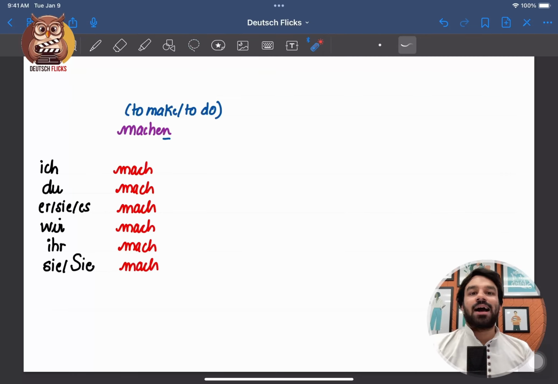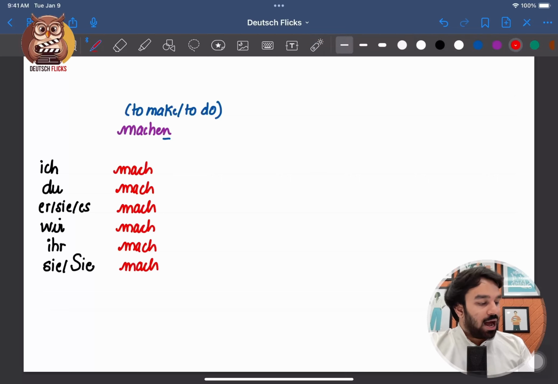So basically, I want to say I make, you make, he, she, it makes, we make, you all make, they make, you make. So for that, I want you all to memorize this golden rule called EST 1010. So my golden rule is EST 10 10.